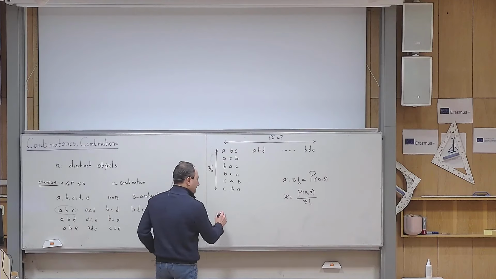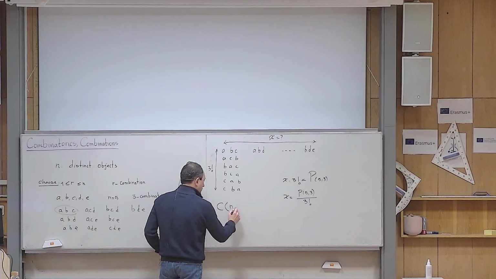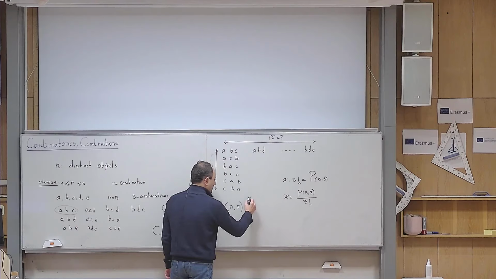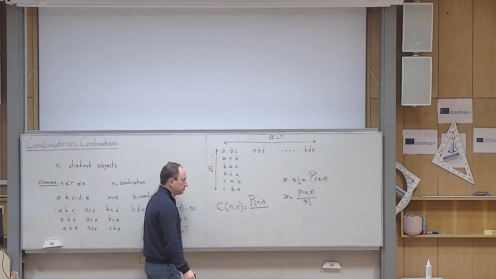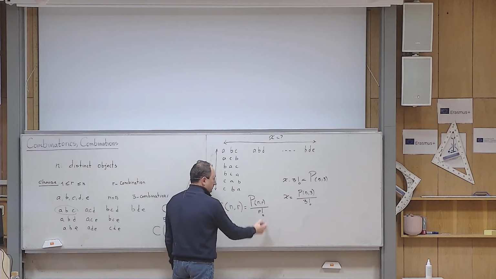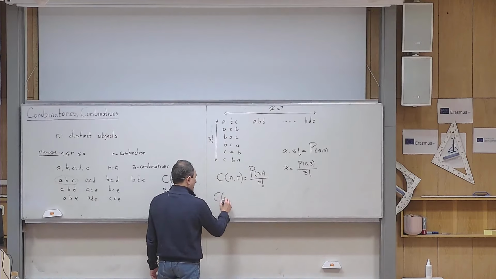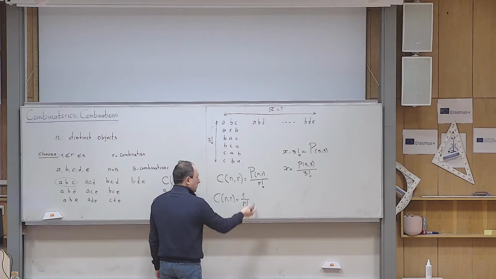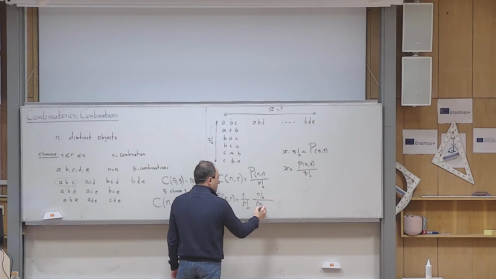So in general, if I ask you what is the combination, what is n choose r? We need to read it in this way, n choose r. What is that? It becomes P(n, r), but divided by r factorial in general. Yes? And this is why we have a formula for it. So this becomes 1 over r factorial multiplied by P(n, r), which was n factorial divided by (n minus r) factorial.